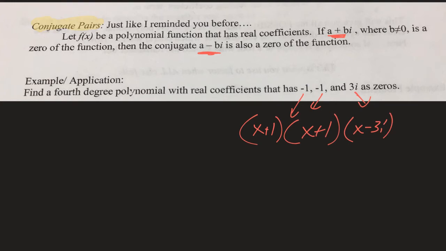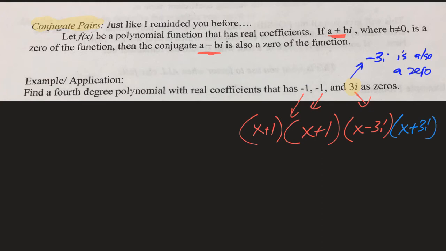Well, here's the thing. The moment I saw this 3i, I knew that its partner was also coming along. So negative 3i is also a 0, okay? It has to be. The moment you have one imaginary number, you always have its conjugate, okay? So we've also got x plus 3i in this case from that conjugate.